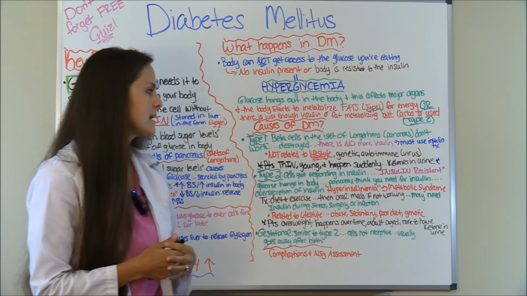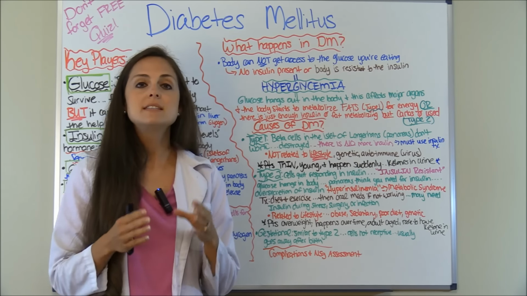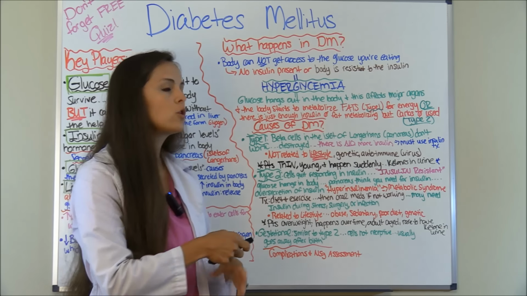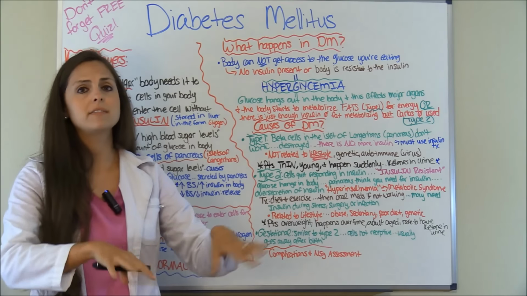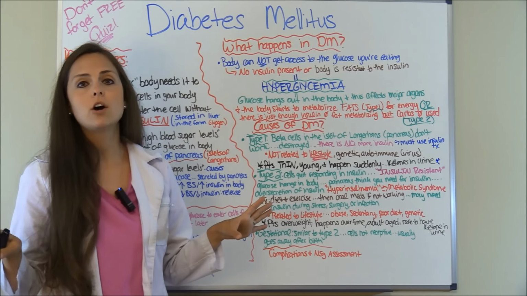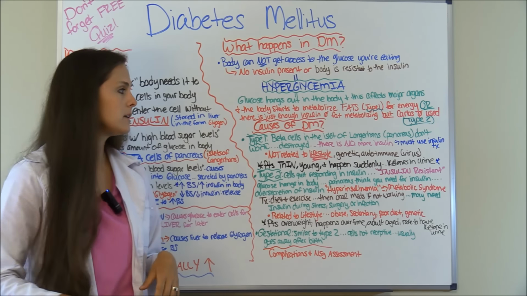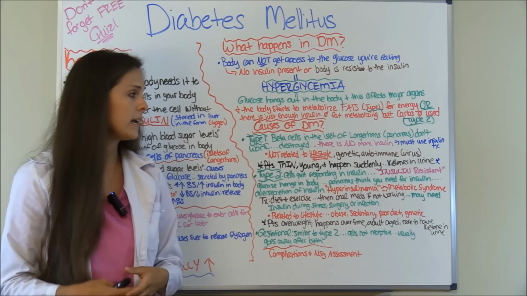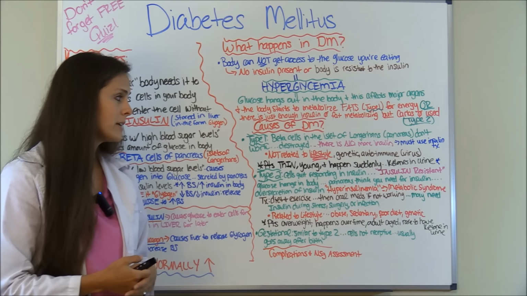Now, type 2 diabetics, what's happening here? The cells have quit responding to insulin. So it's insulin resistant. They don't care about the insulin. You can secrete insulin all day and they're not going to have anything to do with it. And so what happens? The glucose just hangs out in the body, but it's like a catch-22.